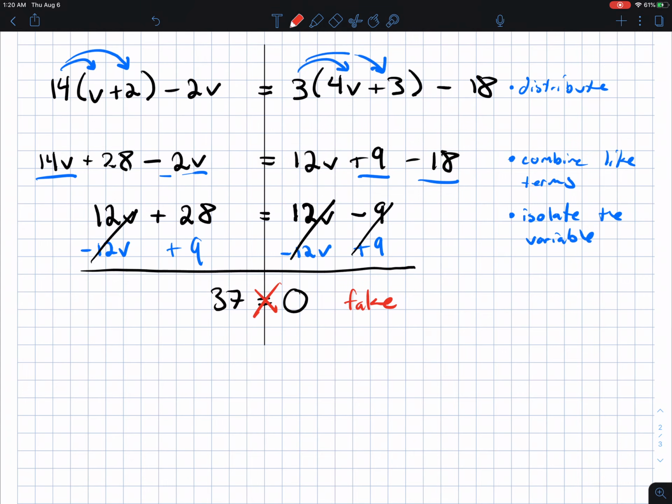So I think in class we made a statement that if the variables cancel and we finish with a false statement, that's an example of a contradiction. If the variables cancel and we finish with a true statement, that's an example of an identity. And if we finish with something like x equals 2 or x equals 7 or something of that nature, then that's what we call a conditional equation.